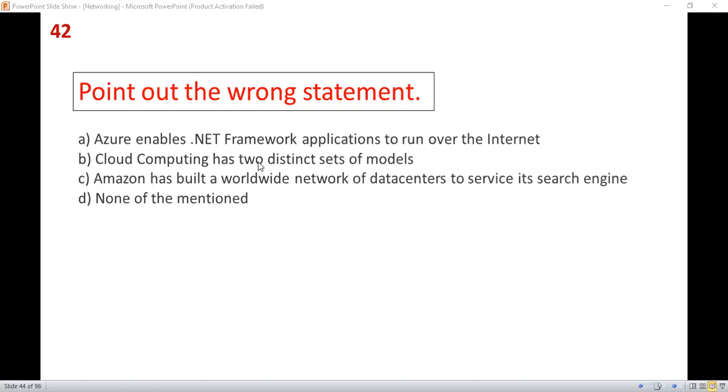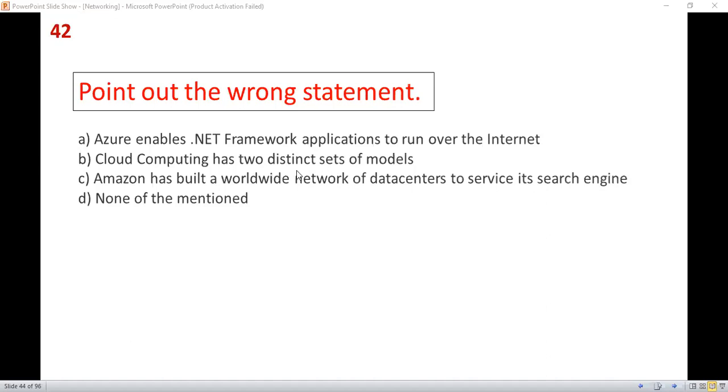We are not talking about more of the models. We are only using two distinct sets here. Infrastructure is a model, but not in the set of the models. You can see here the words two distinct sets.